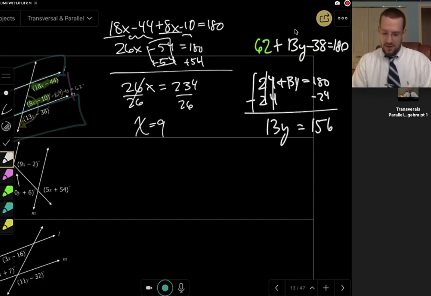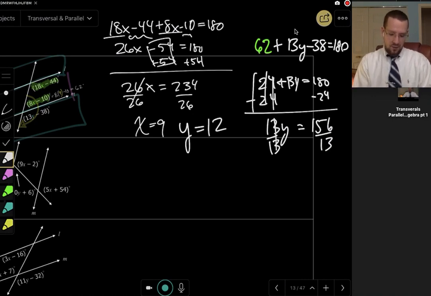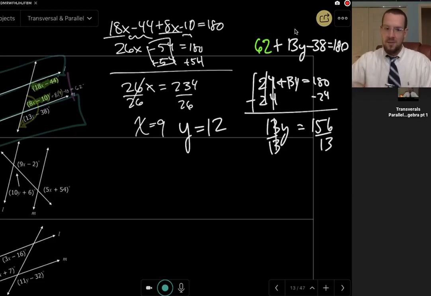And I recognize that. That's 13 times 12. So the idea here is that we're looking to set up, solve, substitute, set up, solve. It's just the rinse and repeat, the pattern that we're following.